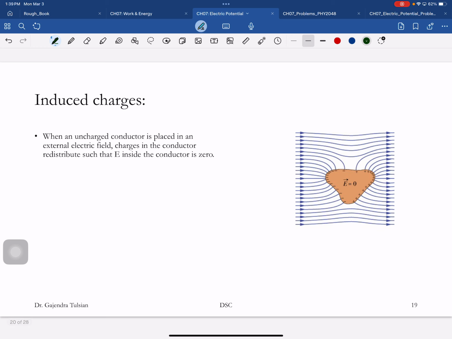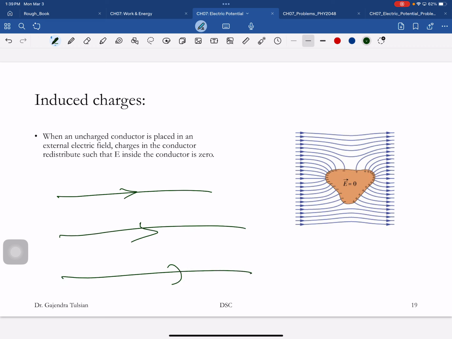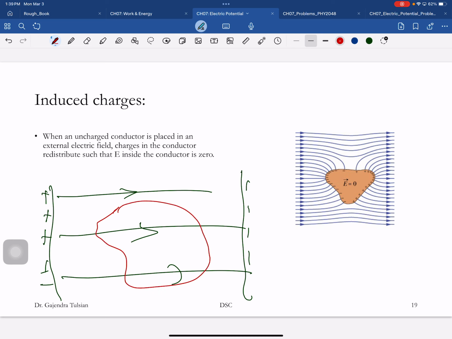So here's an interesting diagram. Here is a constant electric field. And how do you do this? You smear this wall with positive charges, and you smear this wall with negative charges. Here's a uniform electric field. And now, if you bring a chunk of metal and put it in here, this chunk of metal will distort this field, and the distorted field will be like that.